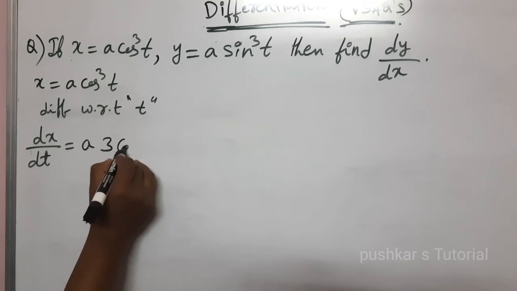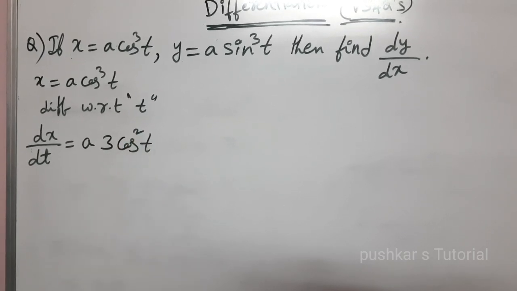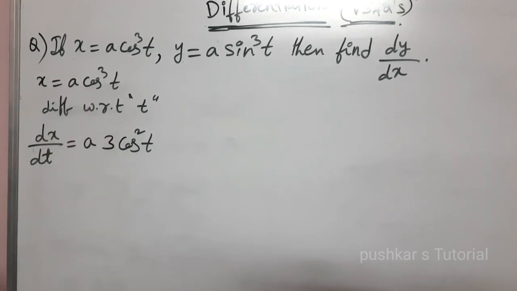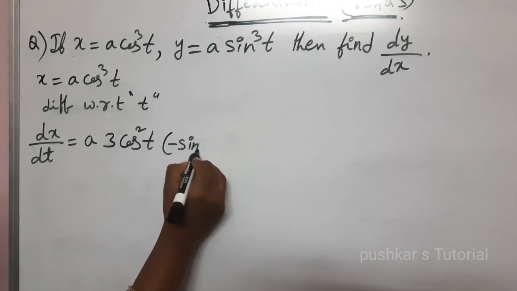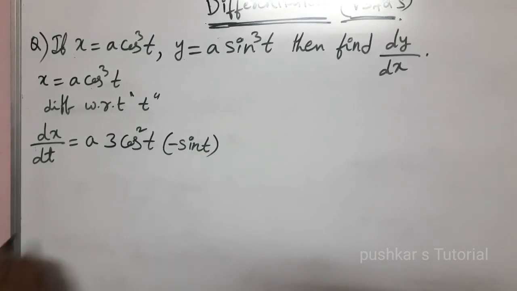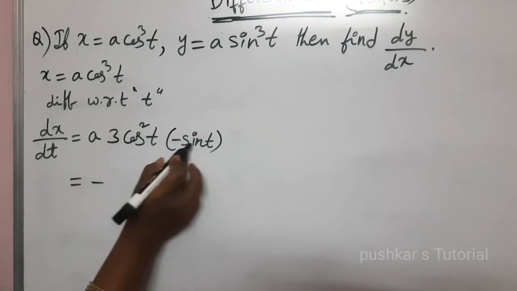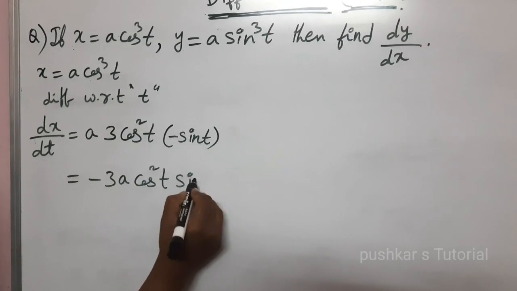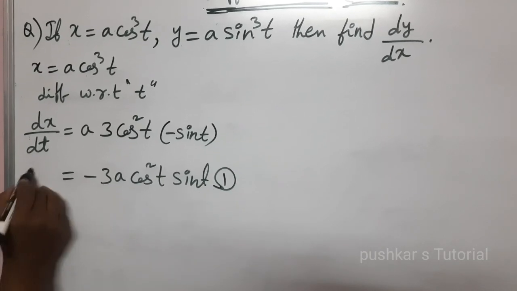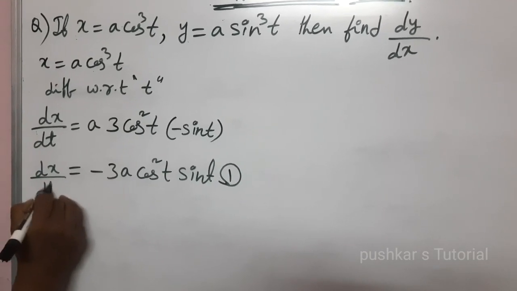So 3 cos square t. Next, the inner differentiation: cos inner differentiation is minus sin t. So it is minus 3a cos square t sin t. Call this equation number 1, dx by dt.